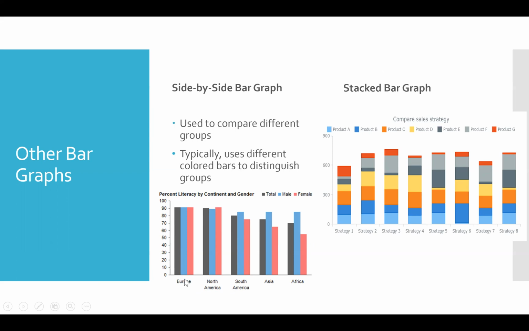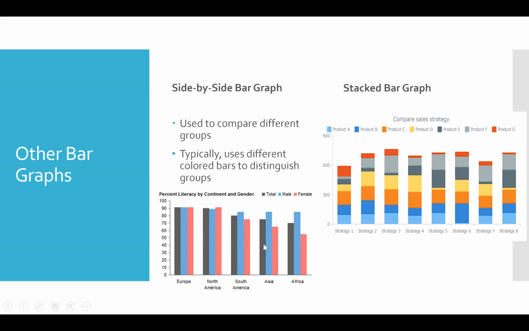For example, in Europe, men and women appear to be fairly equal in terms of literacy at about 90%. In Africa, the total is only about maybe 70 to 75, but more men are able to read than women.